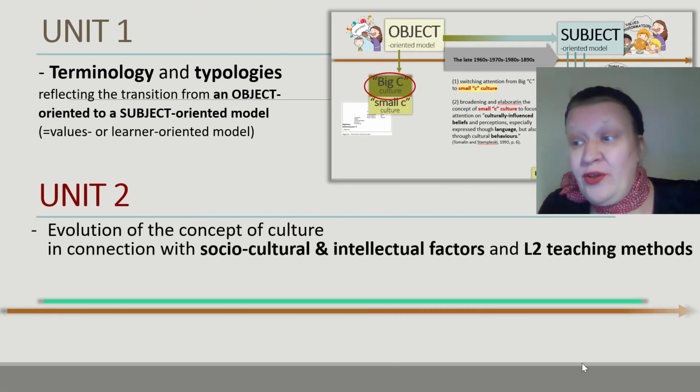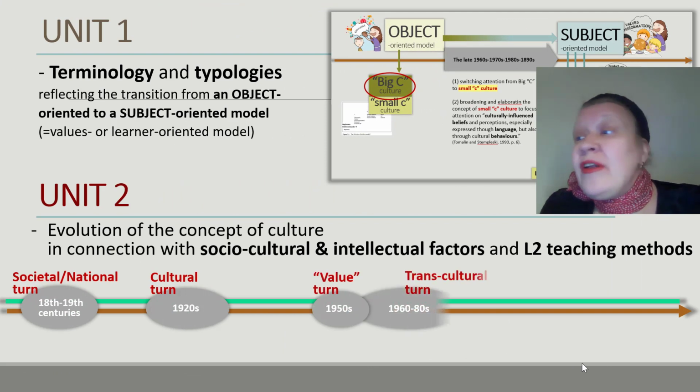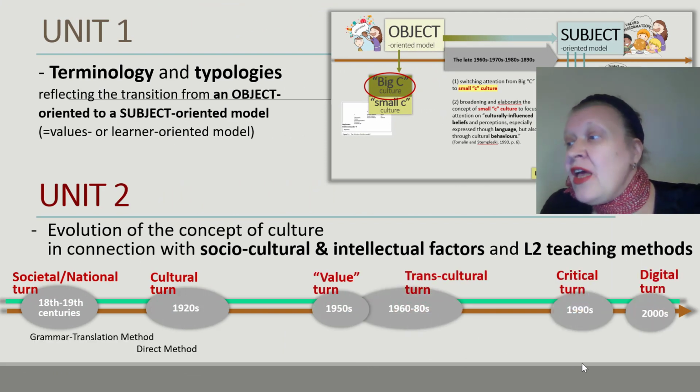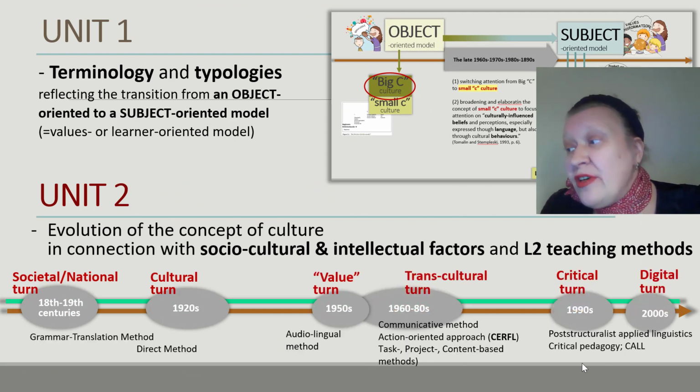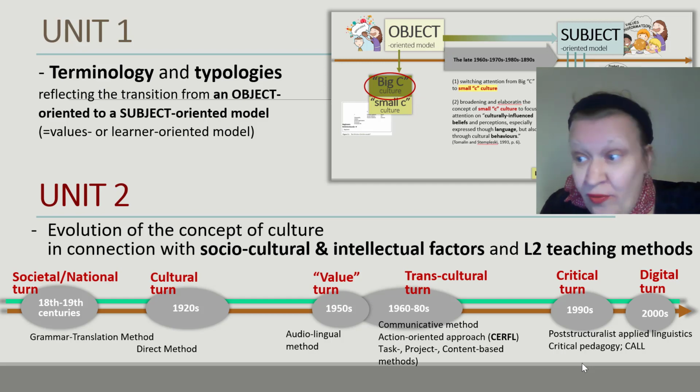In the current unit, Unit 2, we will review these typologies by placing them in the historical context. We will take a closer look at the essential stages of the evolution of the concept of culture in connection, first, with social, cultural, and intellectual history factors that influenced this evolution, and second, in connection with second language teaching methods, the most known of them.